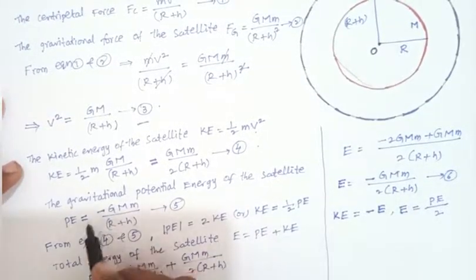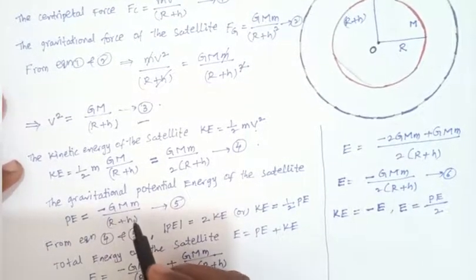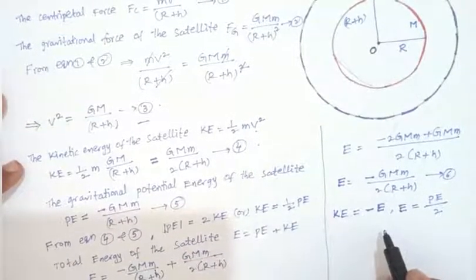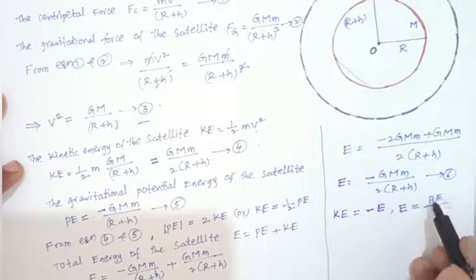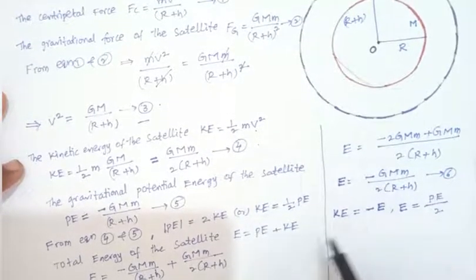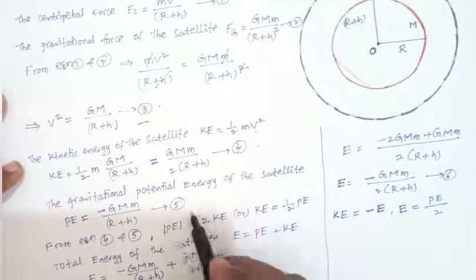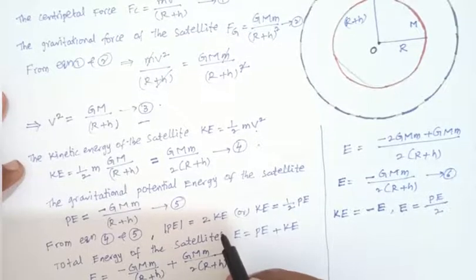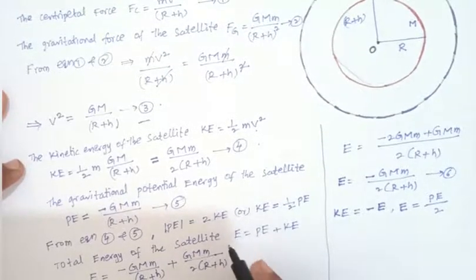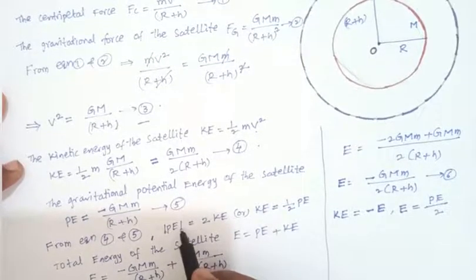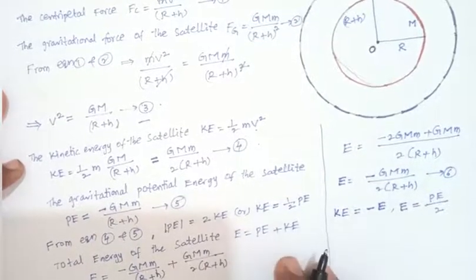The magnitude of the potential energy equals twice the magnitude of the kinetic energy. As we already wrote, potential energy equals twice the kinetic energy.